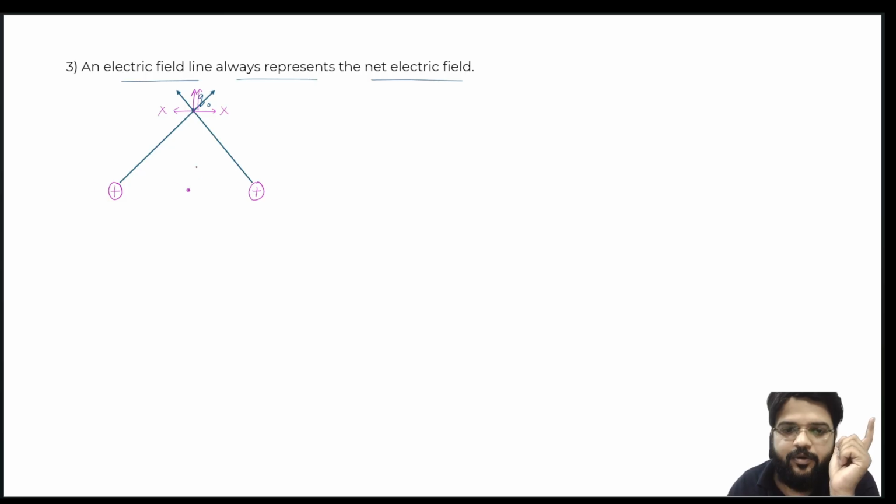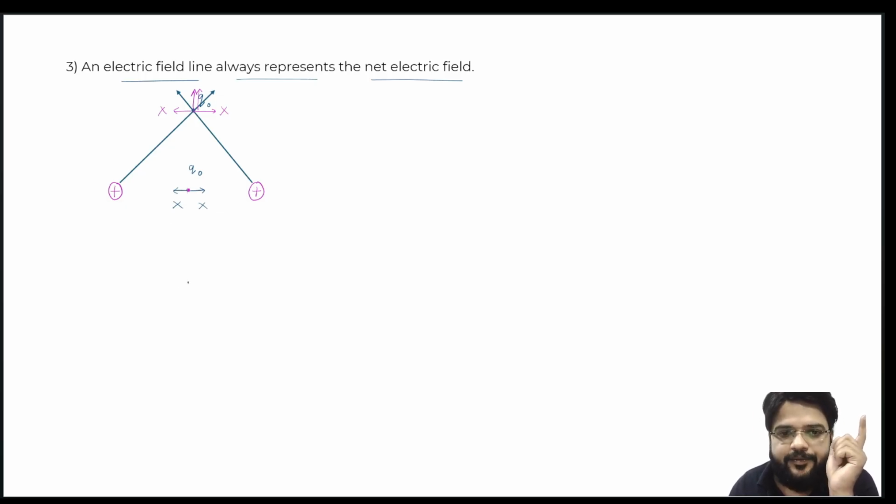So again we will put here one test charge. See it, due to this positive charge on this test charge we have repulsive force, and due to this positive charge again we have repulsive force. So this and this will get cancelled out. Correct. So the net electric field at the center is what? It is 0 because net force is 0 here.